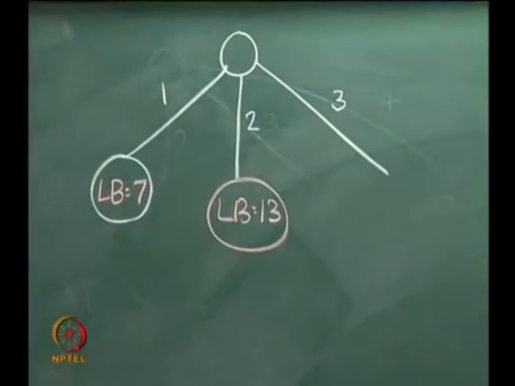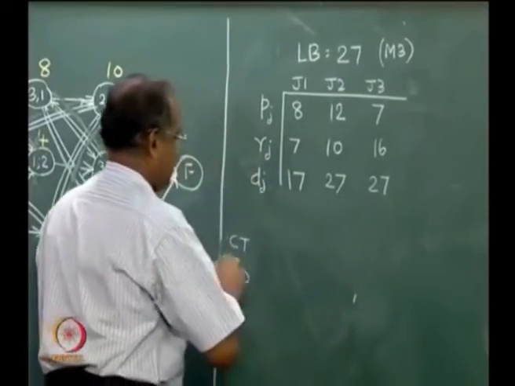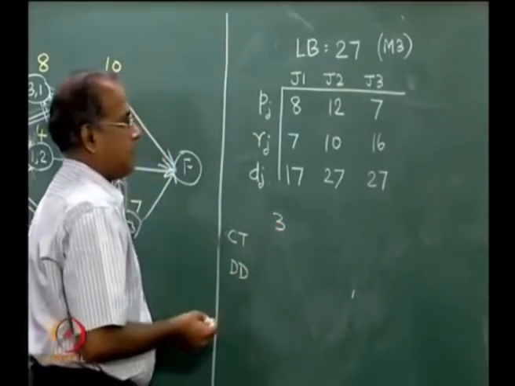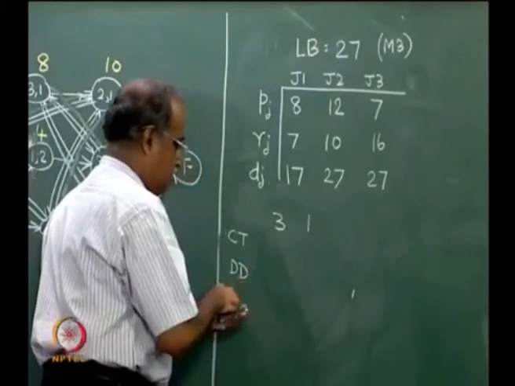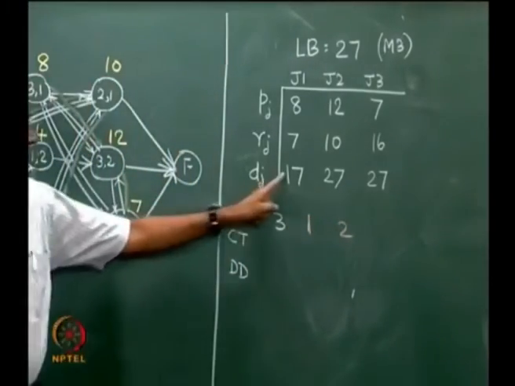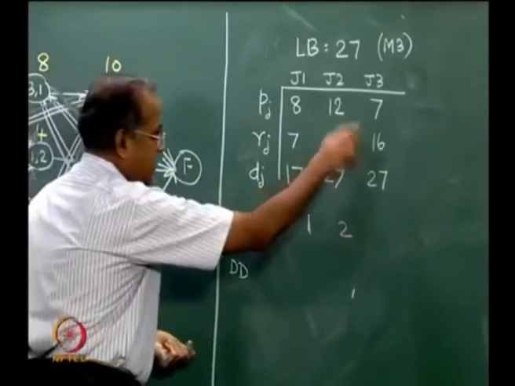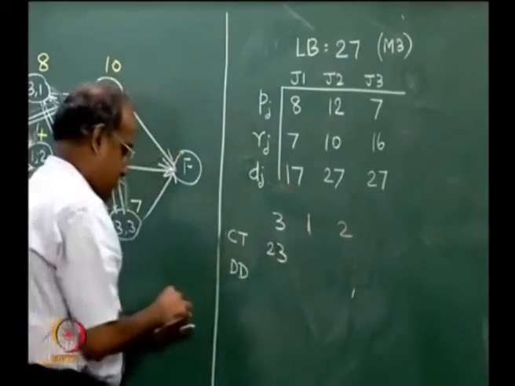Now let us look at 3, based on due dates 1 and 2. Now completion time, this is available at 16, so 23.